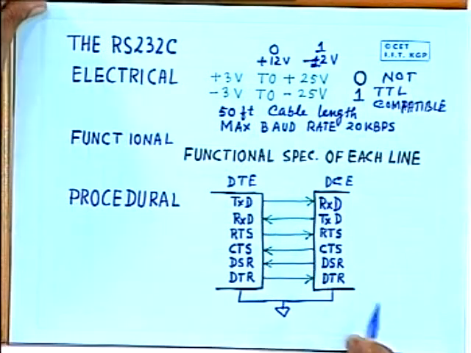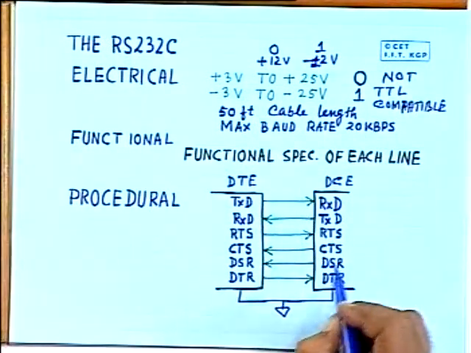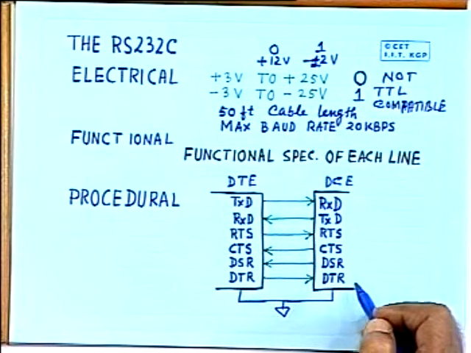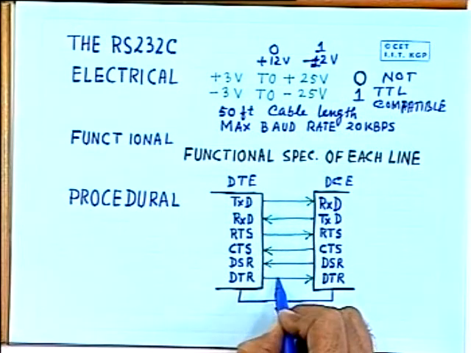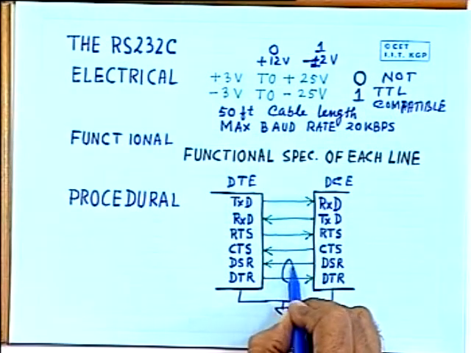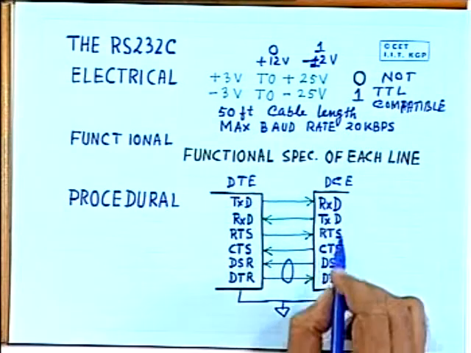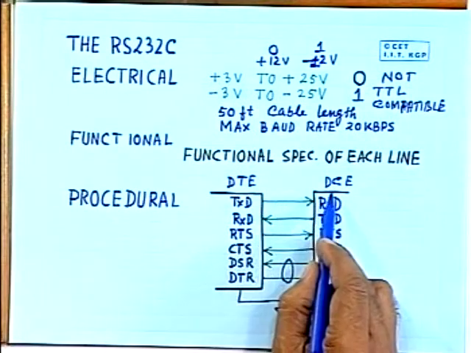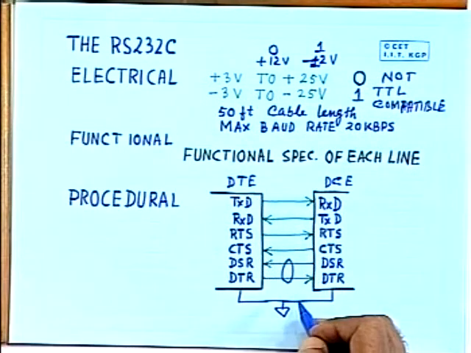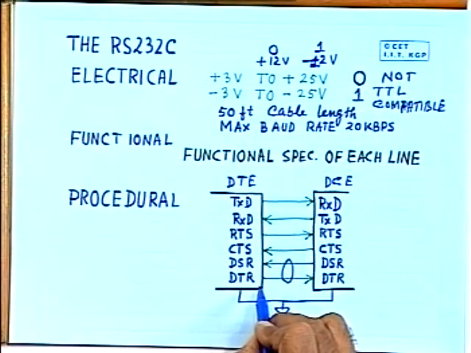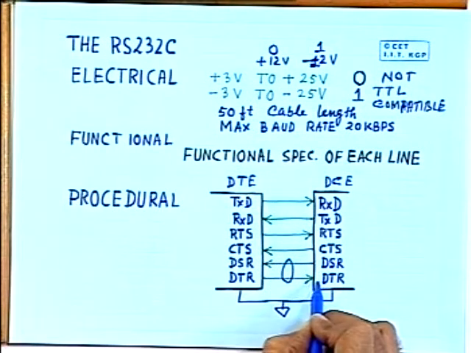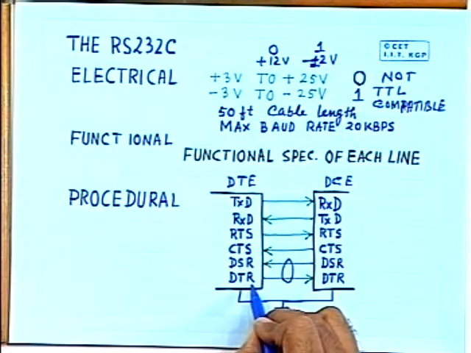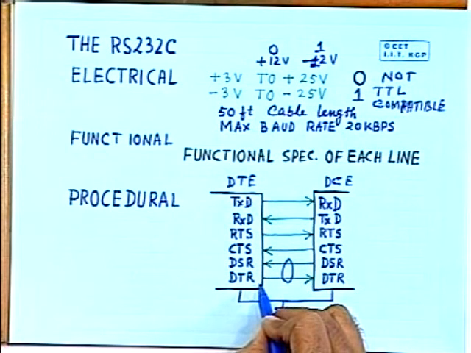So what is the procedural operation here? First of all, with the help of these two pairs of lines, the DC and DT check whether both sides are on or not, ready for data transfer or not. That means this DTR conveys to the DC that it is ready for communication.